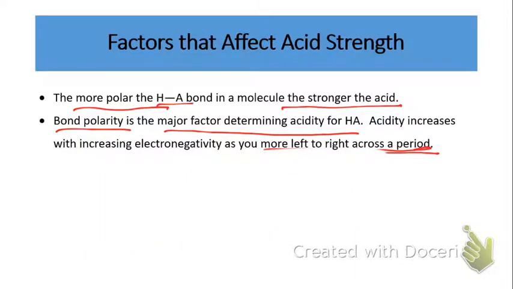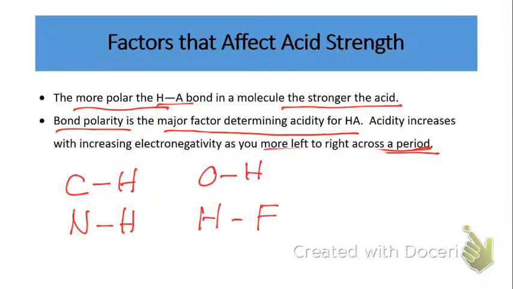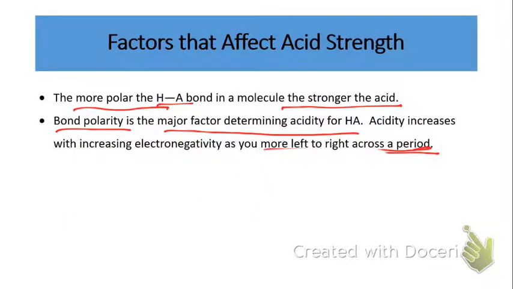Let's use, again, a CH bond, an NH bond, an OH bond and an HF bond. So going across the periodic table, maybe we should rewrite this: a CH bond, and then next an NH bond, then an OH bond, and then an HF bond.